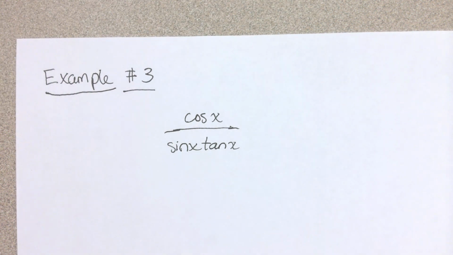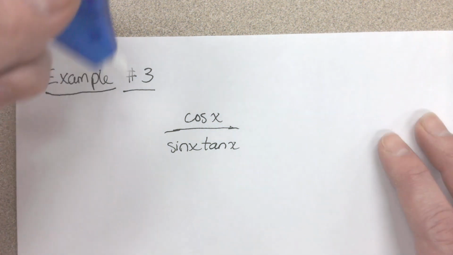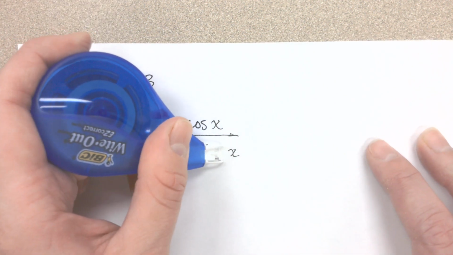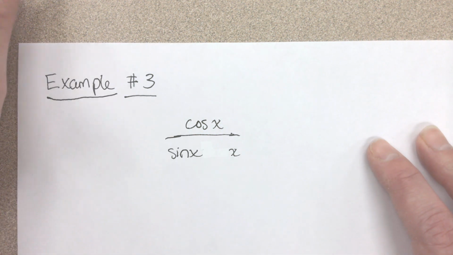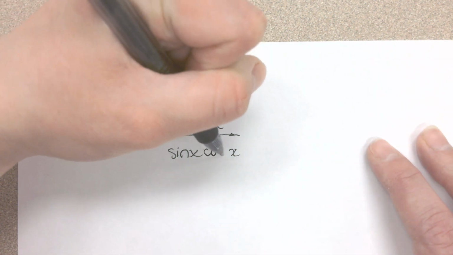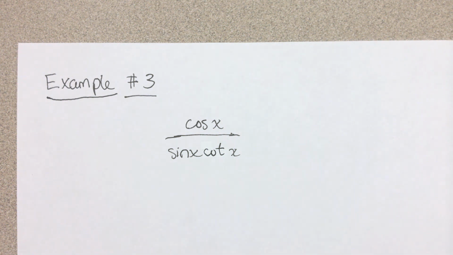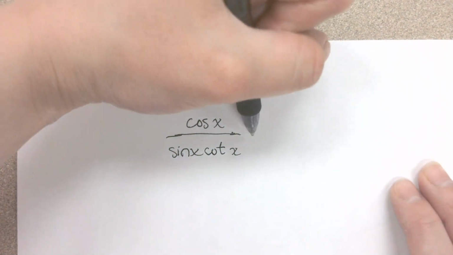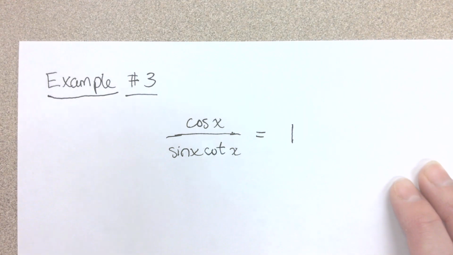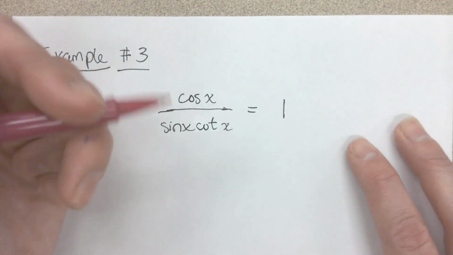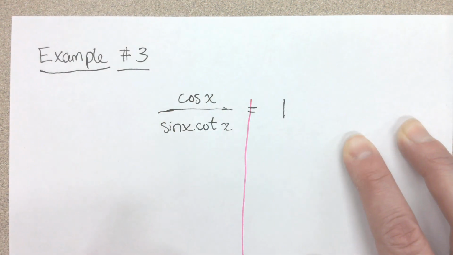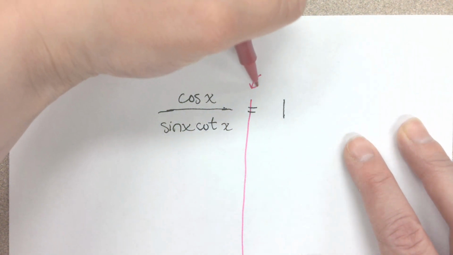Cotangent. Hold on, let me fix that real quick. I just saw the t on my paper and assumed it was tangent. Okay, let's rewrite that. There we go. Equals 1. Friendly reminder, don't cross.